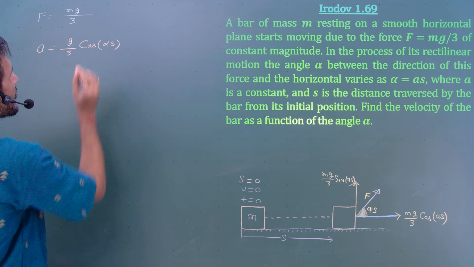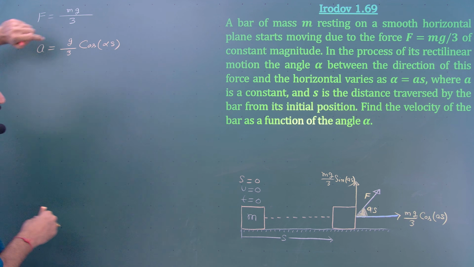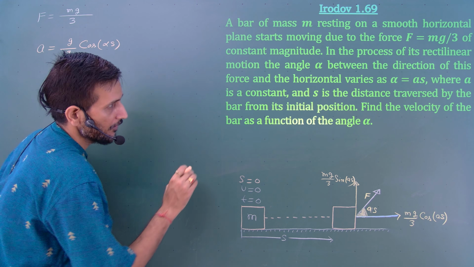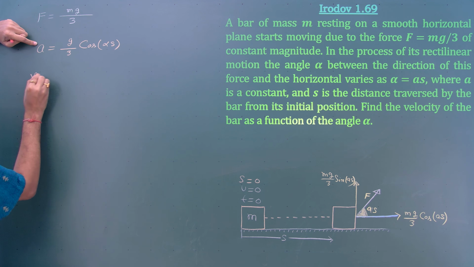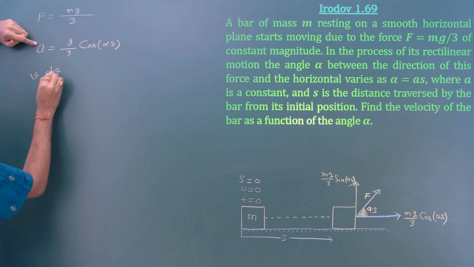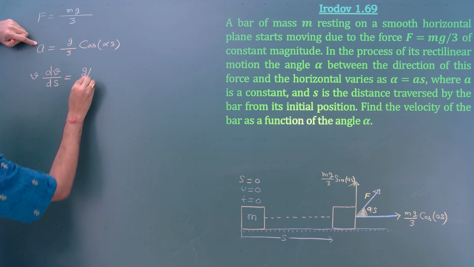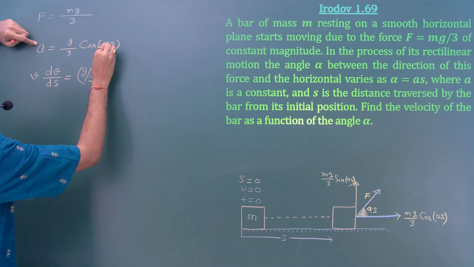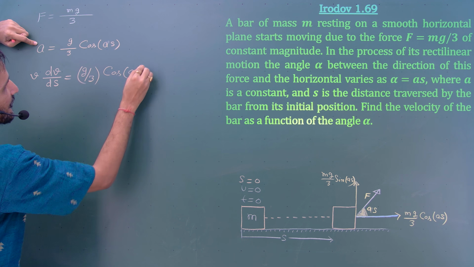alpha into s. Now we can write the acceleration but not in the form of time, because in this question time is not asked. Everywhere distance is involved. So acceleration a should be written in the form v into dv by ds, and it should be equal to g by 3 into cos(as).